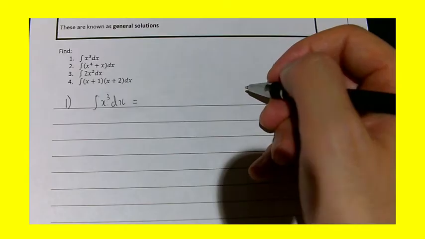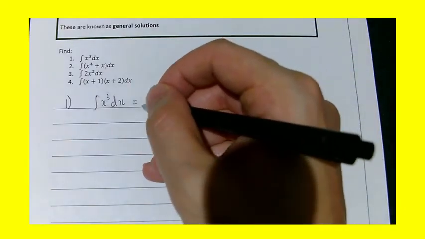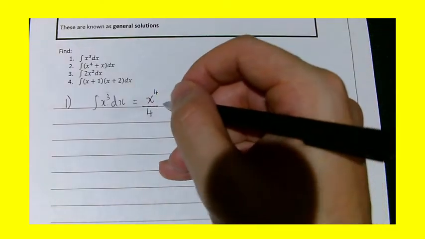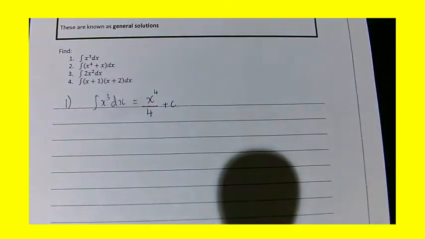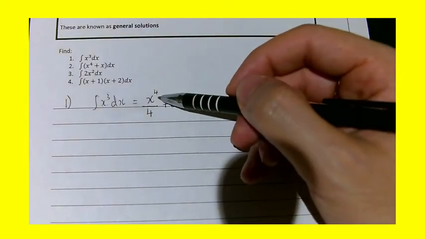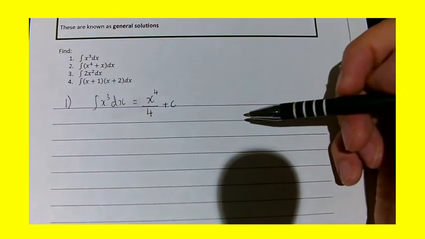You then write an equal sign, you then add 1 to the power, and you divide by that new power, and you add plus c. And that is it. That is the integral of x cubed. And how can I check that this is correct? Differentiate x to the power 4 over 4, and you get back to x cubed.